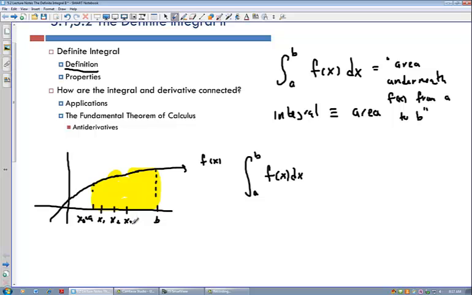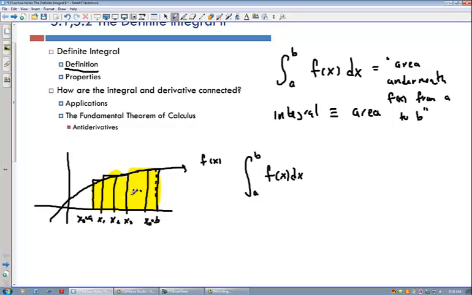We're just going to break this up into equal parts, and then we'll have x sub n equal to b. Then we can make these little rectangles: a rectangle from here to there, another from here to there, and so on, dot, dot, dot, and then our last one right from here to right there.